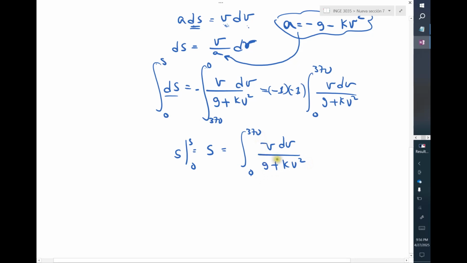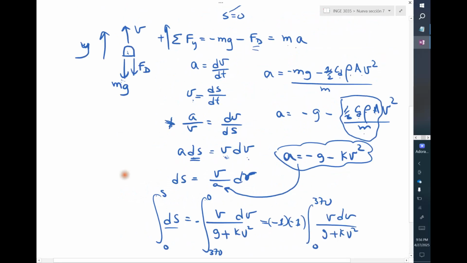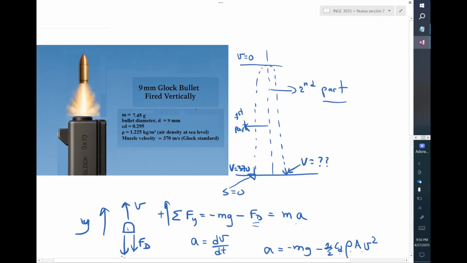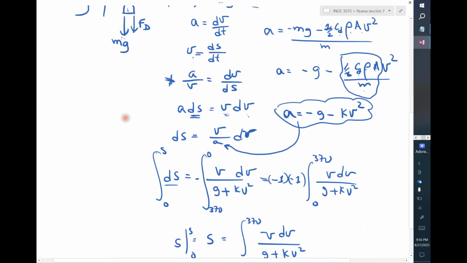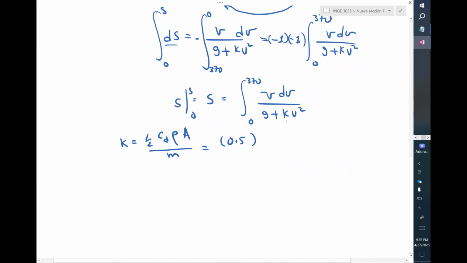Now let's see where we are. We need to integrate this, but before we integrate that, how about we calculate k? k is 1/2 times the coefficient of drag times the density of air times the area of the bullet, divided by the mass. So we substitute numbers, that's 0.5. The coefficient of drag was on this table, it is 0.0295.